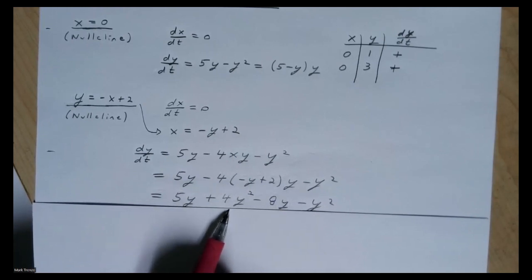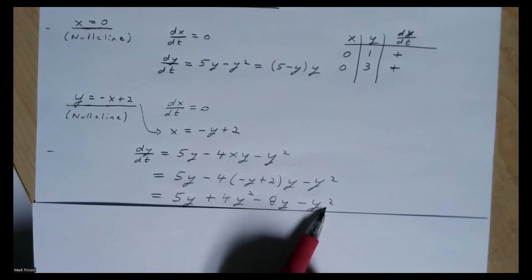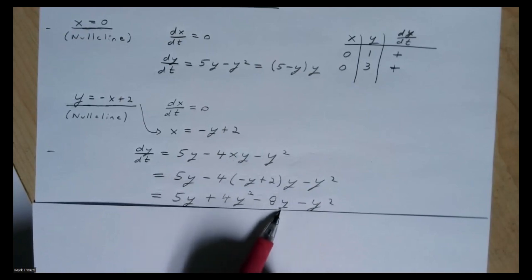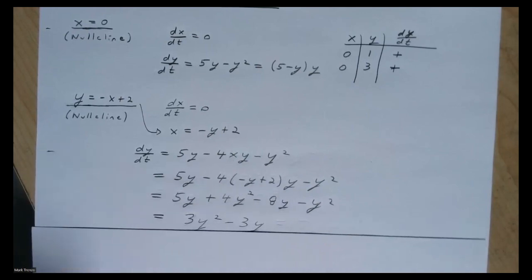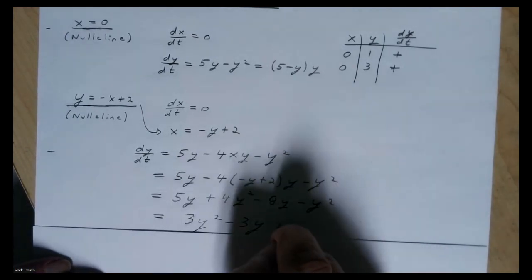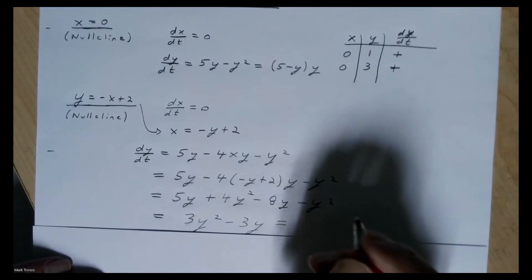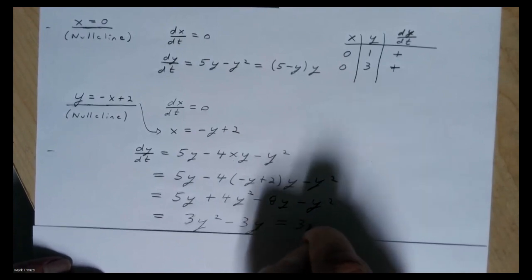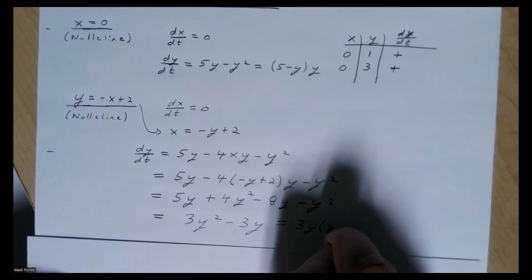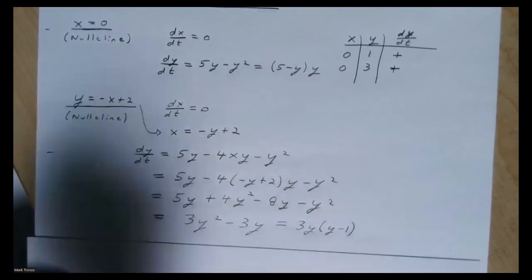And then this is going to be 4y squared minus y squared, that'll be 3y squared, and this would be 5y minus 8, that'll be minus 3y, like this. Then we can actually go one step farther and factor out a 3y, and that'll leave us y minus 1, like this.